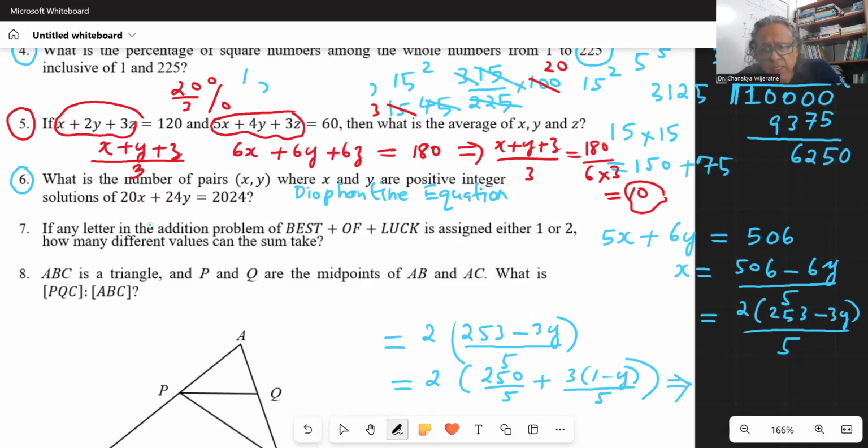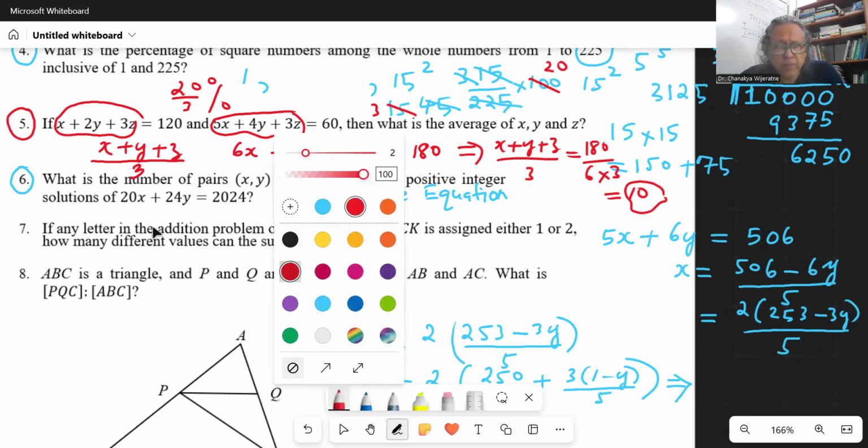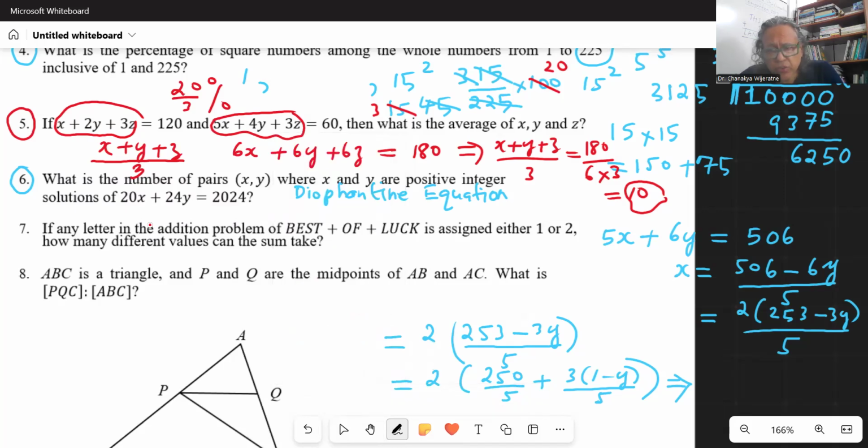From this we can say, so let me get the red color, the important color, this is a whole number. And 3 and 5 are relatively prime, so 1 minus y should be divisible by 5. So 5 divides 1 minus y, with a vertical bar, not slanted.